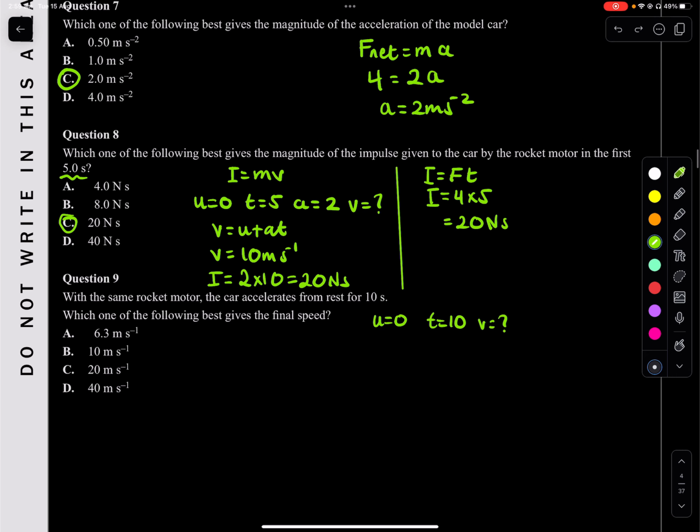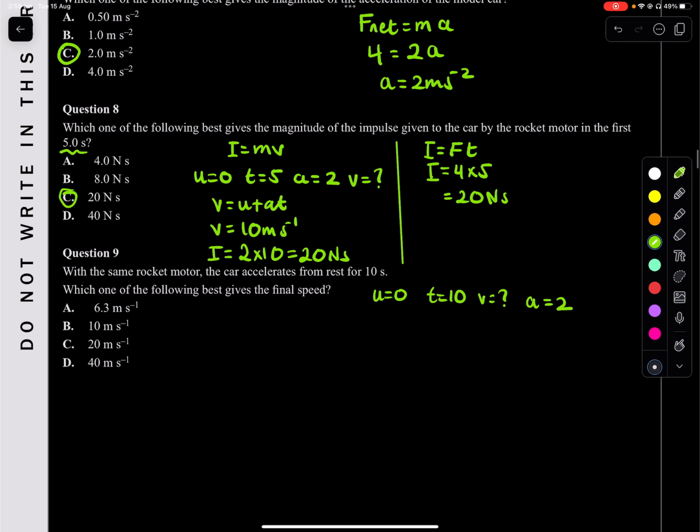Our acceleration would still be 2. What formula do we use? v equals u plus at. What's your u? 0. So 10 times 2, 20 meters per second. So it's C as your answer.